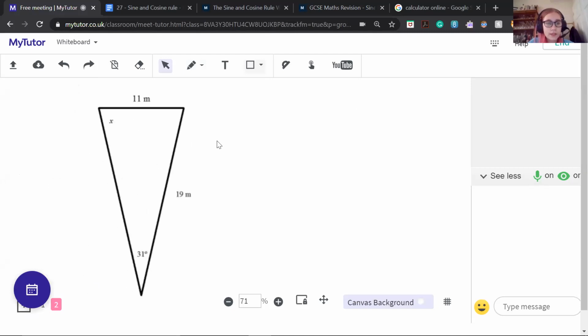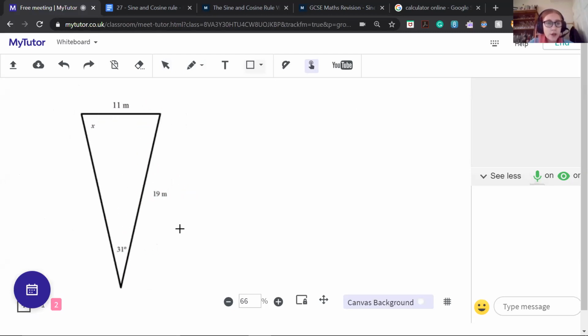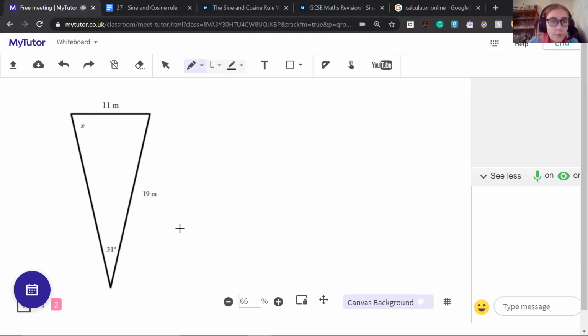So hopefully you can see that okay. Again, we can see that it's the sine rule because we've got these two kind of side angle pairs. So we've got x and 19, and we've got 11 and 31. Now we're looking for an angle, so we're going to put the sine angle on top, because hopefully you can see from that last one why it being on the top is easier, because then you just multiply it by whatever's on the bottom.